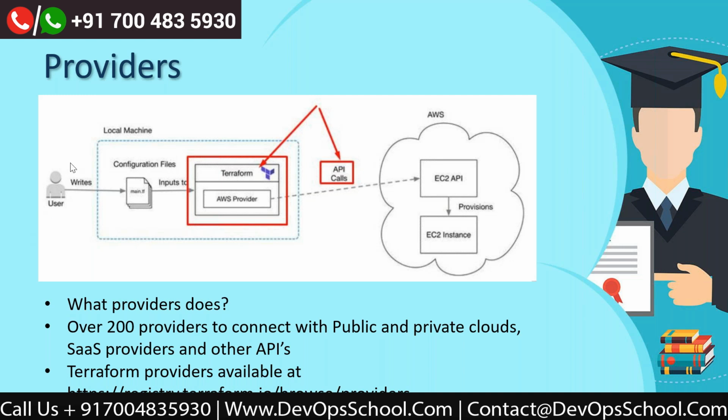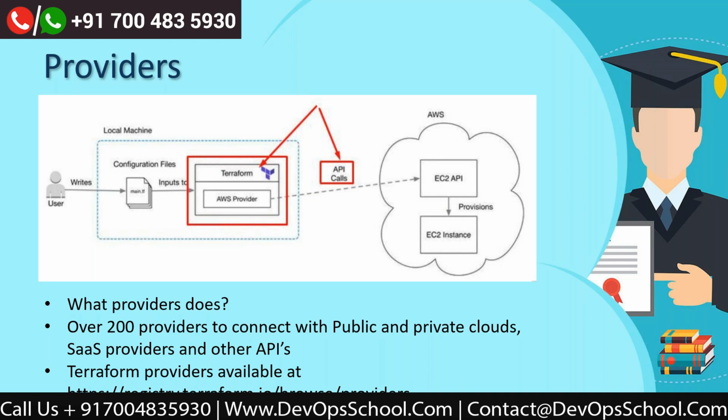So we write the configuration files. Most of these files are with the extension TF. There are some more extensions; I will show that to you when we go for the demo. These files contain the definition for a specific provider, either AWS or GitHub, whatever.